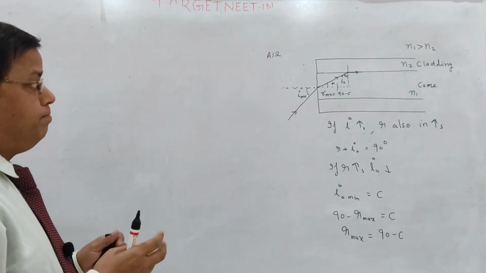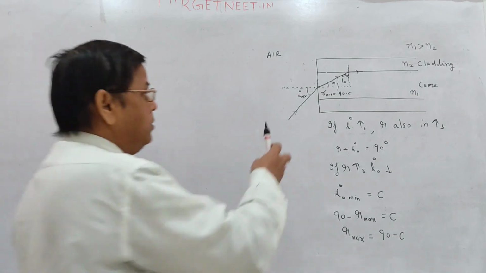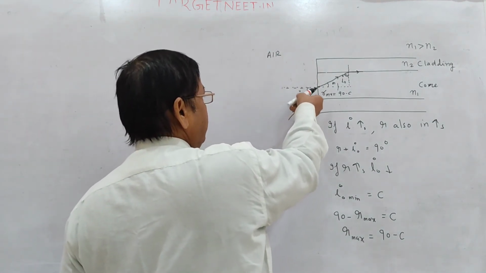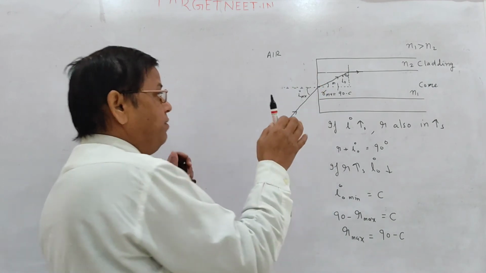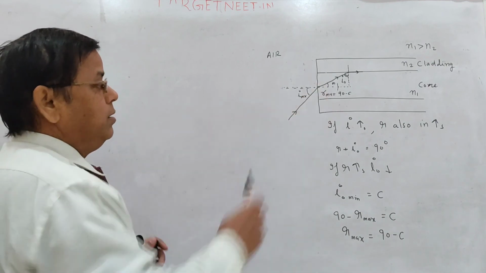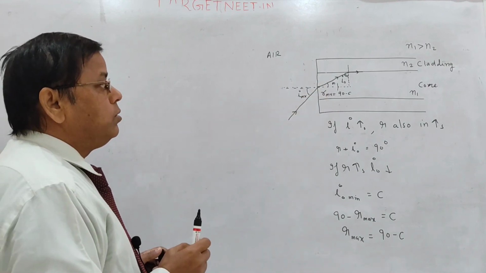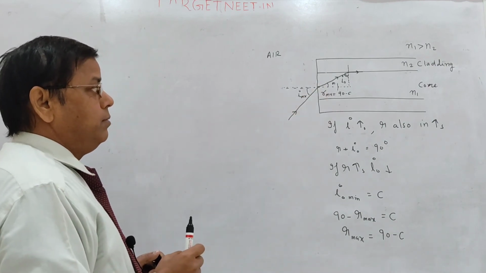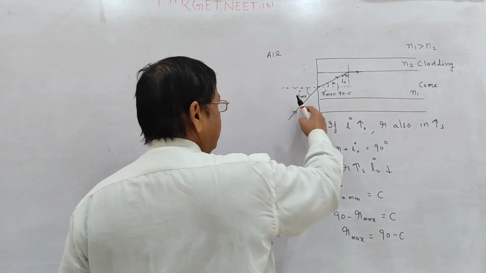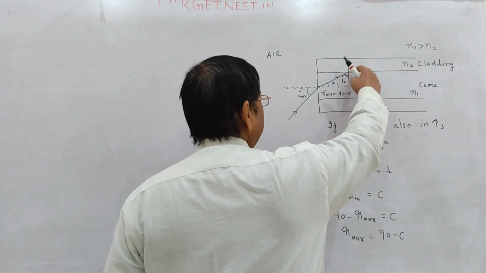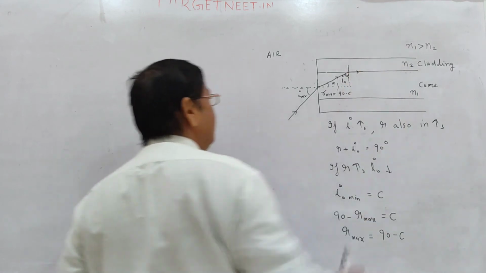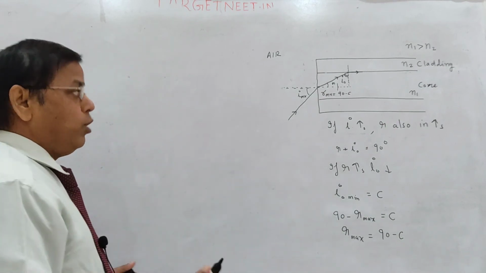And it is a conical angle like this. So if light is incident in this region, it will be transported through the optical fiber. Otherwise, if your angle of incidence is more than this, then light will go from here to here, and finally from cladding to outside of the fiber. So light will be leaked, you can say the signal will be lost.